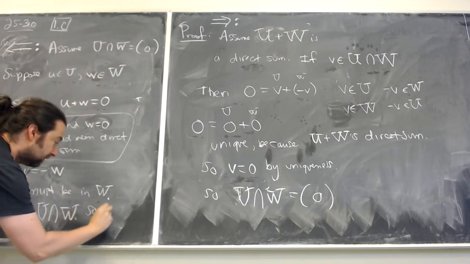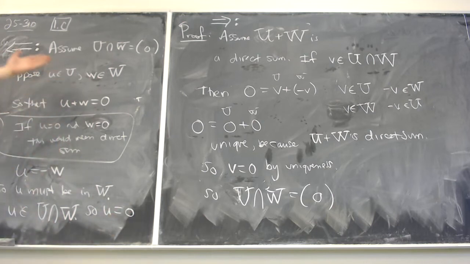So u must be the 0 vector because there's only one thing in U intersect W.